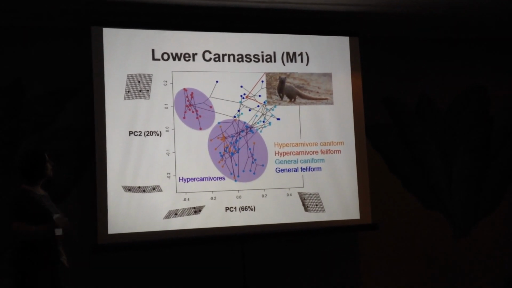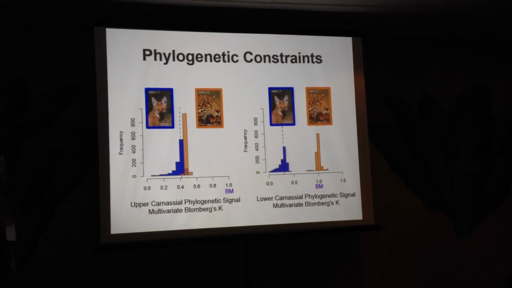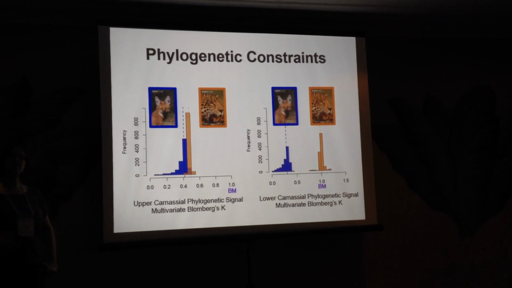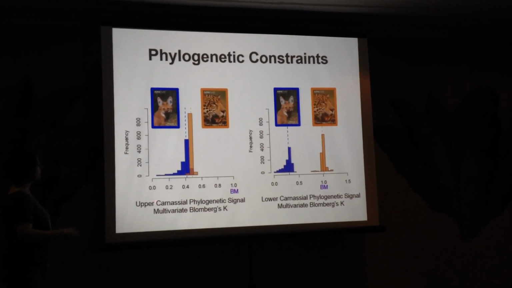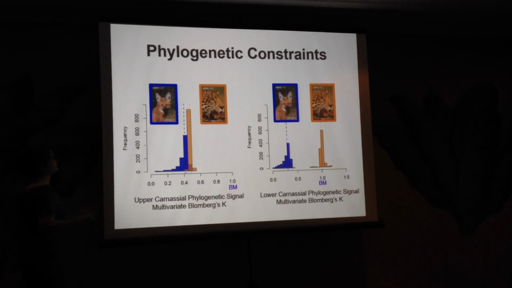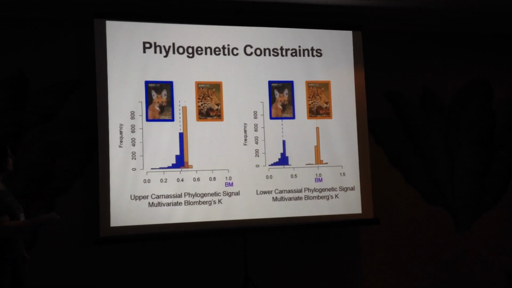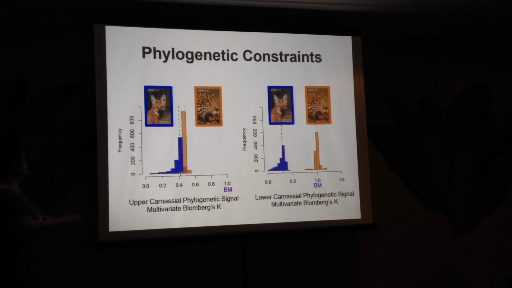And this is sort of confirmed when you look at the phylogenetic signal. So just looking at phylogenetic signal within the caniforms and the feliforms for the shape of the upper and the lower tooth, in both of these, the feliforms have a strong phylogenetic signal in their tooth morphology. Within the upper carnassial, it's not that strong.